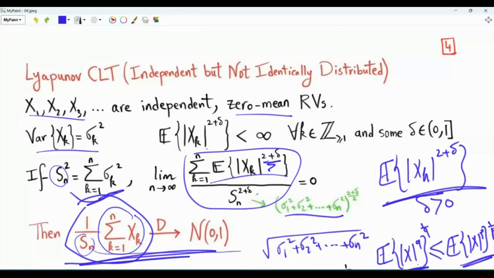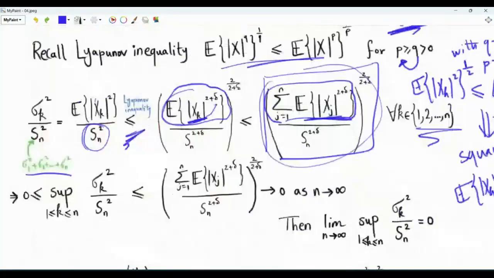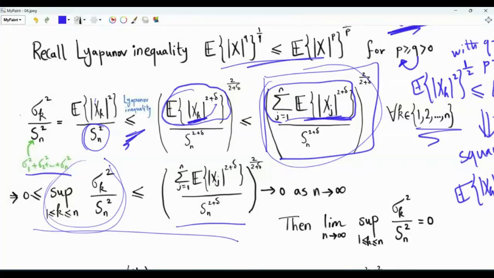We need that this quantity approaches 0 as n tends to infinity. We have the exact same quantity here, and it will go to 0 as n goes to infinity. Note that this is a non-negative quantity, so it is lower bounded by 0, and it is upper bounded by a quantity that tends to 0 as n tends to infinity. So this means that the limit of this quantity as n tends to infinity is also equal to 0. So that's an application of the sandwich theorem.